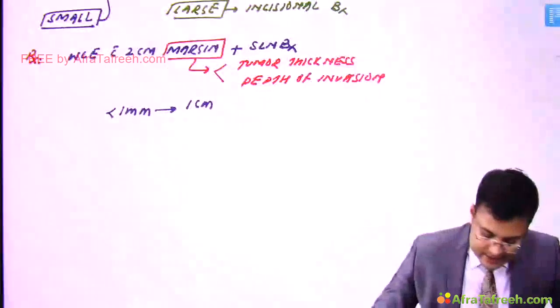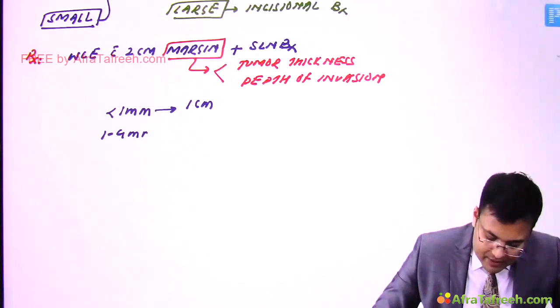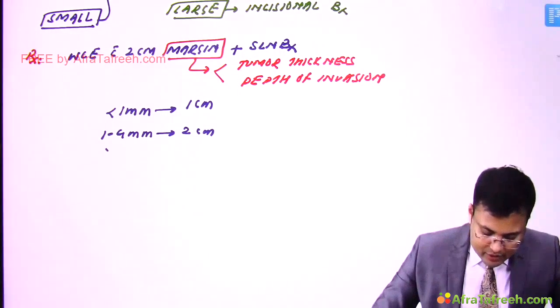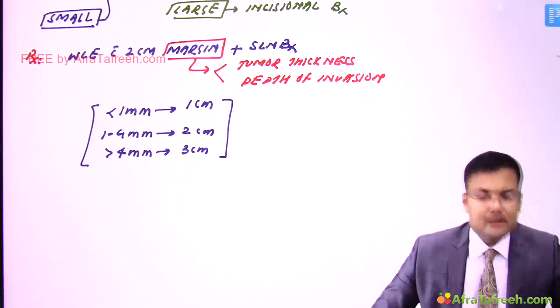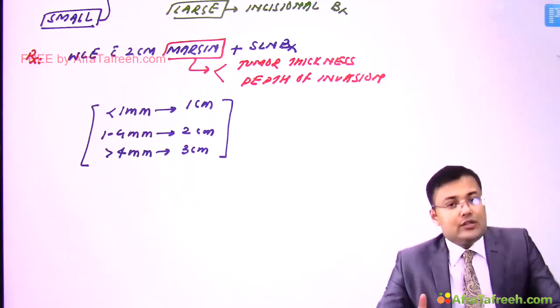If the tumor thickness is 1 to 4 mm, how much margin is taken? 2 cm. And whenever the tumor thickness is more than 4 mm, in that case a 3 cm margin is taken. Clear? So what you have to remember: 2 cm.